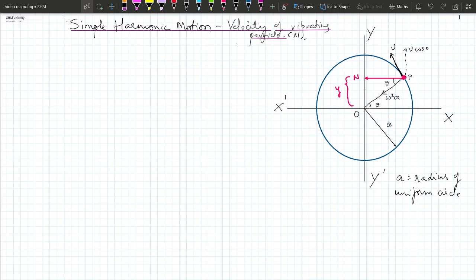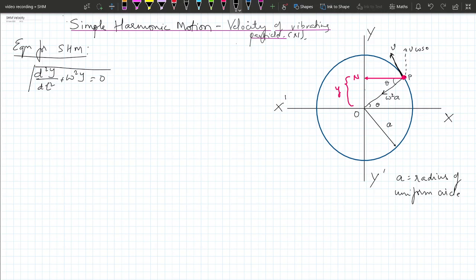For that, we will consider the theory we have discussed so far. The equation for simple harmonic motion is d2y by dt square plus omega square y is equal to 0.